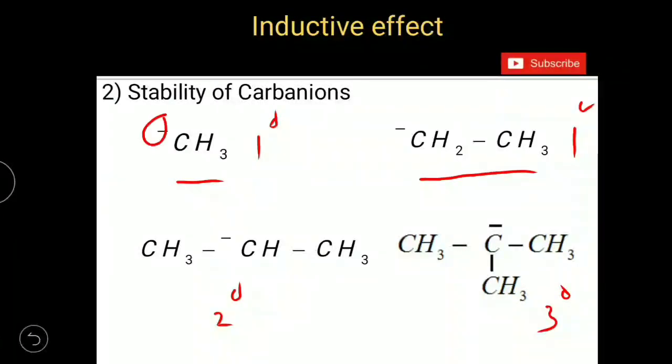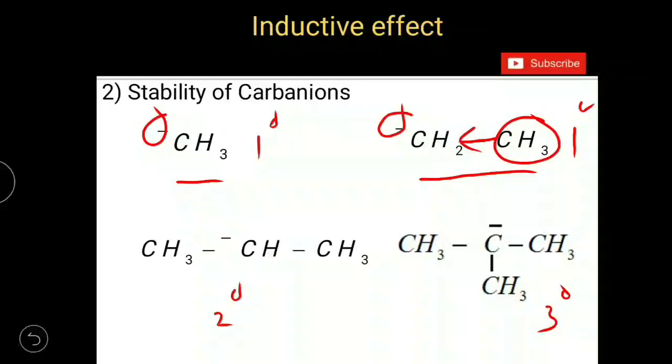Negative charges are present on the carbon atoms. But in ethyl carbanion, there is a methyl group bonded to the carbon with negative charge. And methyl group is an electron donating group. So one electron pair is coming close to the negatively charged carbon.